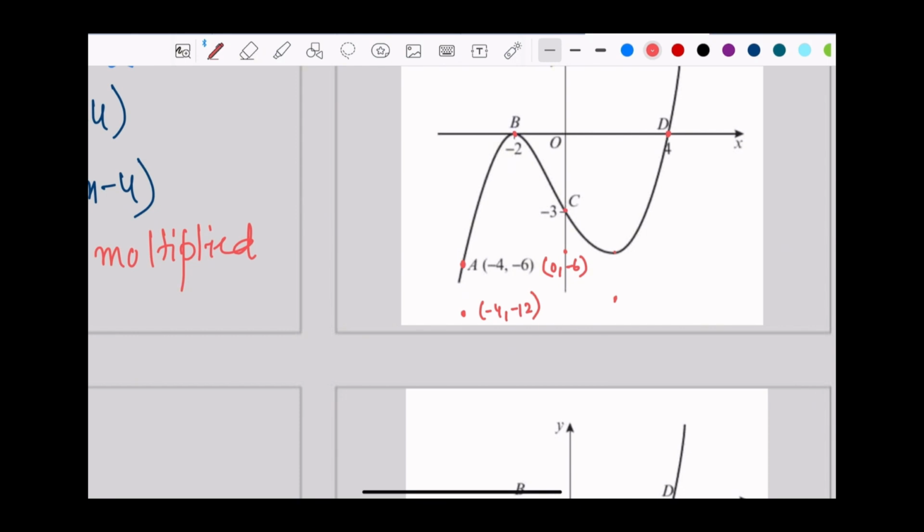Let's join all of these dots. I'll erase the rest of the dots here, the ones that are not needed.